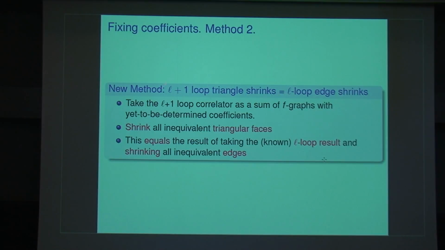And it simply states that if I take the L plus 1 loop F graph, so I have my basis of F graphs with coefficients that I want to fix, I take that and I shrink all triangles. So this is new, by the way. Then I should get the same result as if I take all L loops, which presumably I've fixed those coefficients using a previous iteration, and I shrink all the edges.